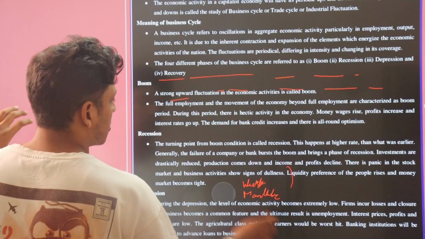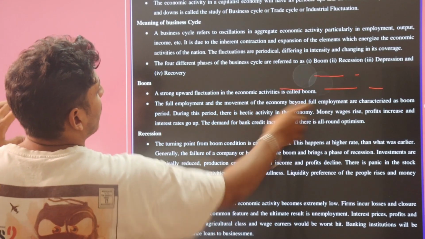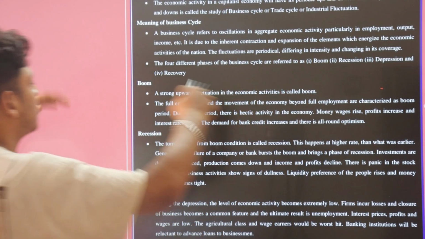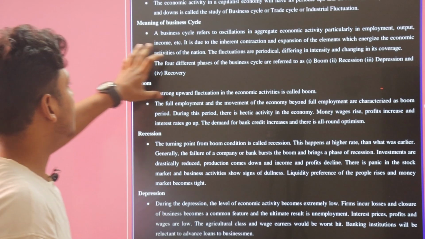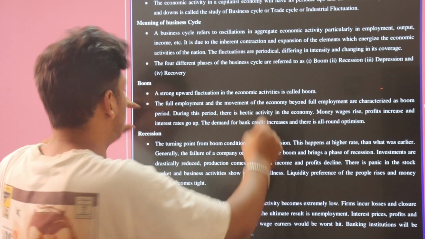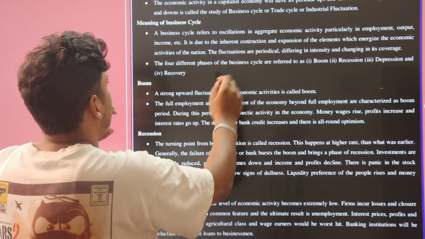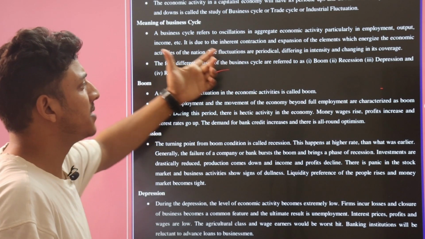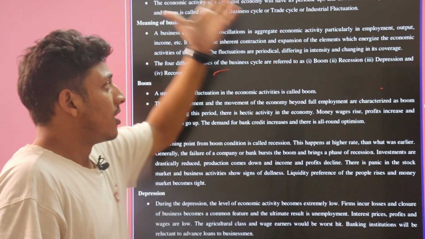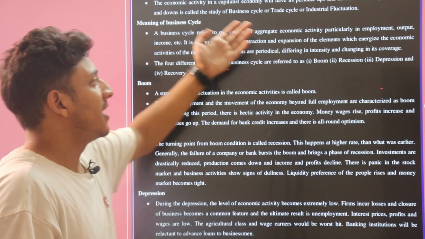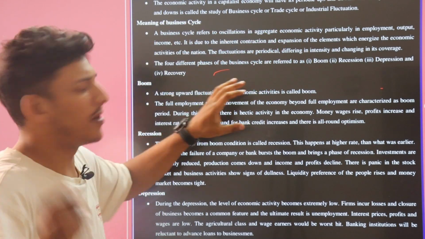Now we will learn about business cycles, how our economy works, and some other terms related to the economy. Just read this also. Basically this is how the business cycle runs. Let me read it for you.